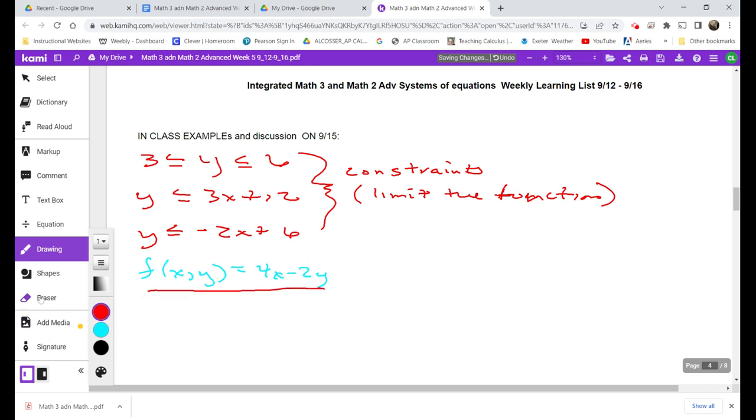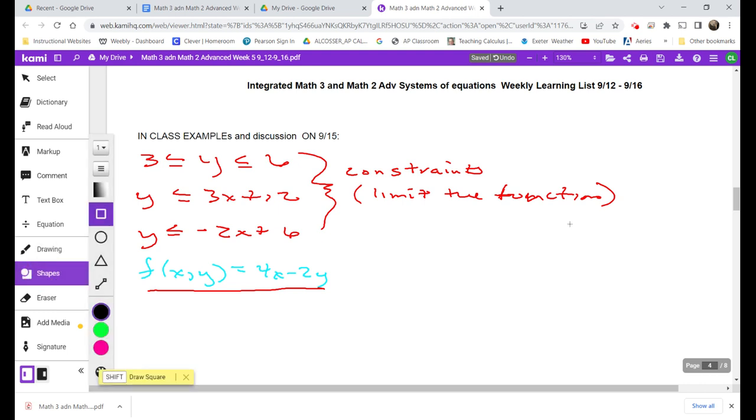So I will go to shapes real quick. If you graph this on your calculator, you get a graph that looks like this, that goes across here and goes across there.